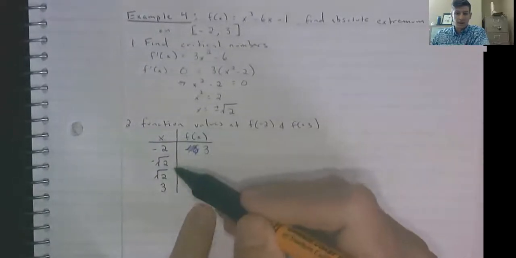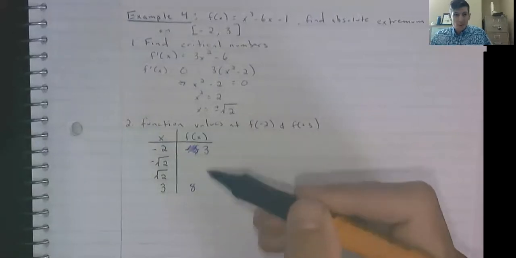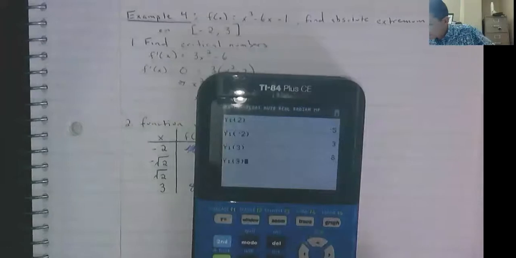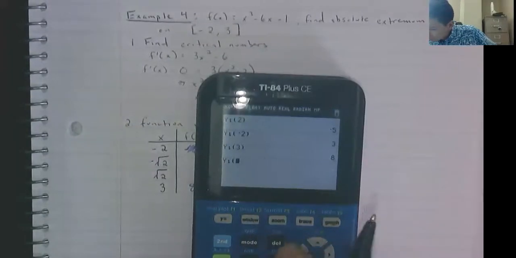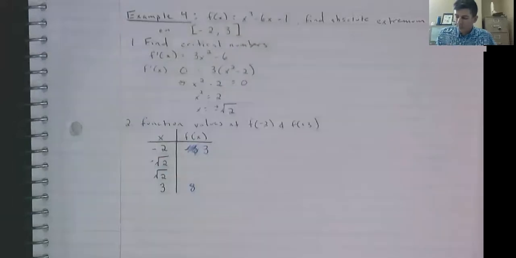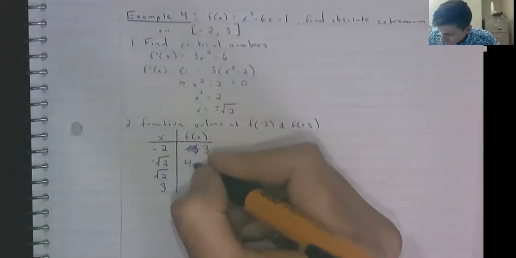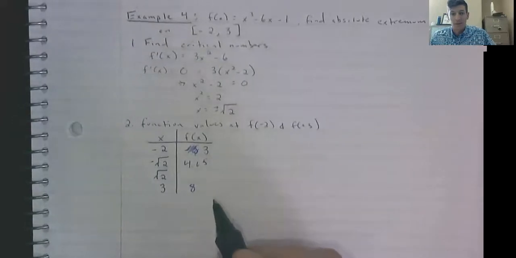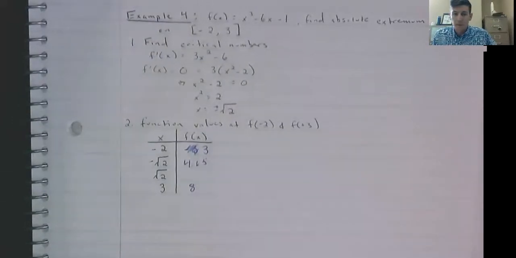We need to now check if either of these values outdoes either of those two. So second enter. Negative square root of 2. So we'll call that 4.65. Doesn't really matter since it's not going to do anything for us since it's neither smaller than 3 nor bigger than 8. So not an absolute max or min.